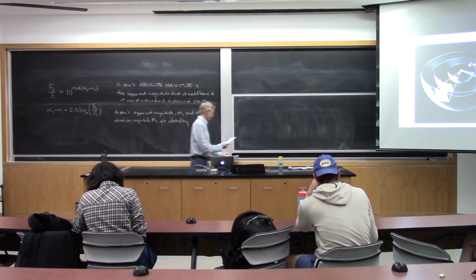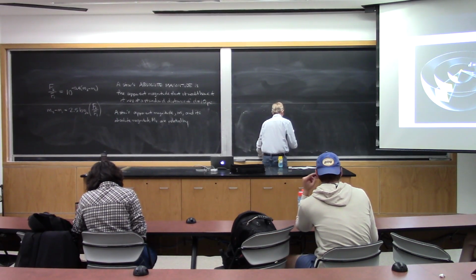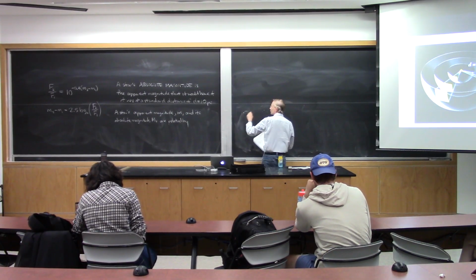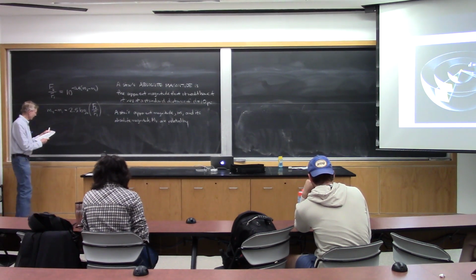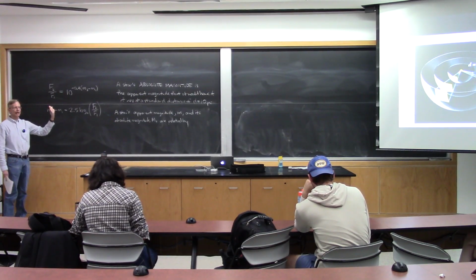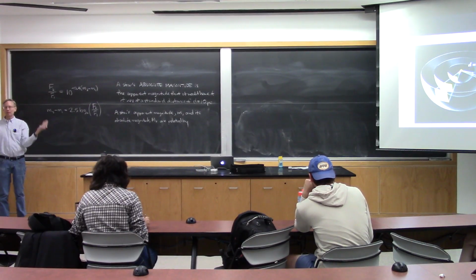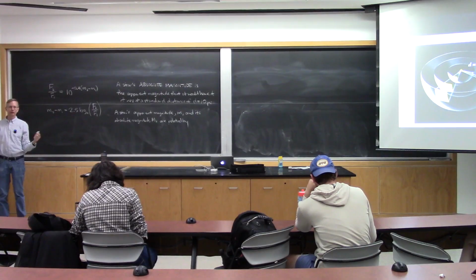I'll move it over here. So what we'll say here is go back to this relationship right here, and we will call F sub 10 the flux that we would observe from the star if it were 10 parsecs away, and we'll call F the actual flux that we observe from the star here on Earth.